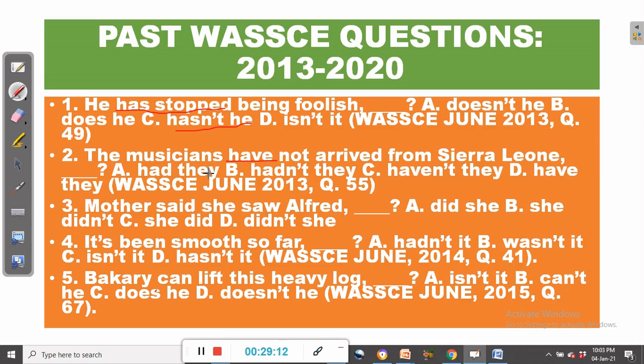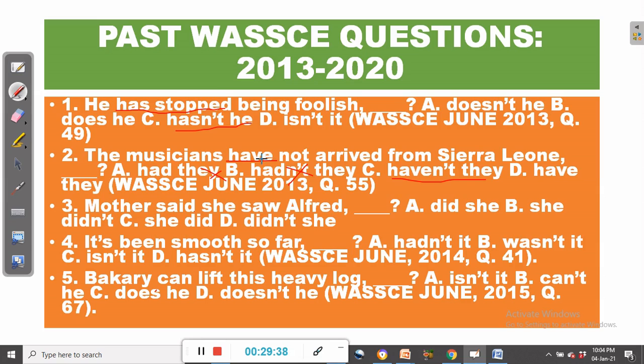So had they is eliminated, is not correct. Hadn't they is also eliminated. So here we have positive, so we will be looking for the negative. So haven't they is the appropriate answer because we have negative and the principle is negative positive.